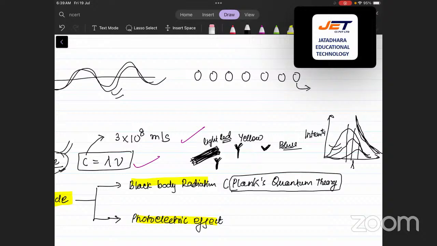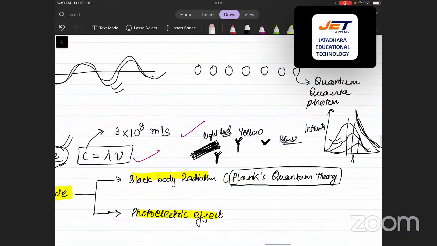Yes, Gayatri, Bhavna and Omkar and those who were there in the class last time. Yes, each packet of light will be known as a quantum of light, or quanta of light, or photons. So he said that light comes in packets.